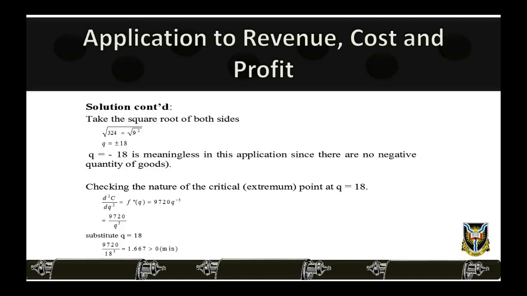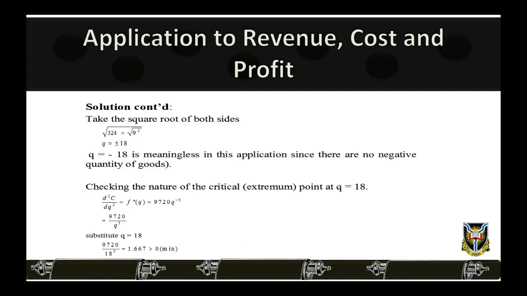We can check the nature of the critical point at q = 18. d²C/dq² = f''(q) = 9,720q^-3 = 9,720/q³.